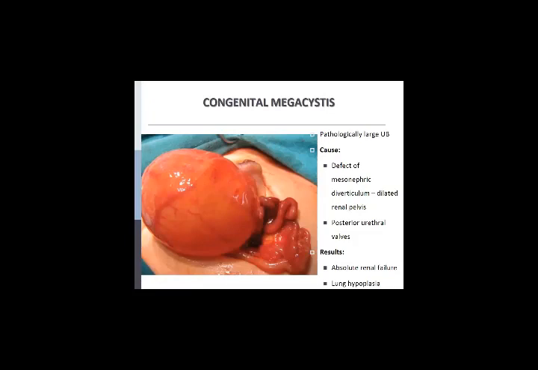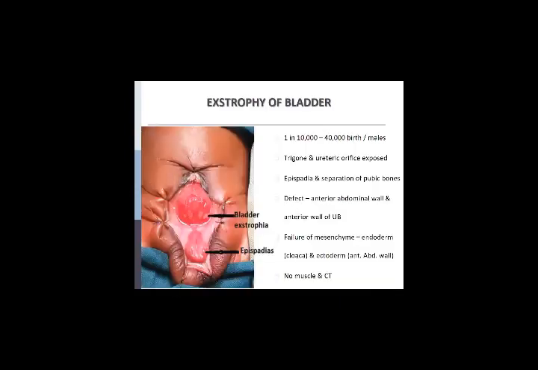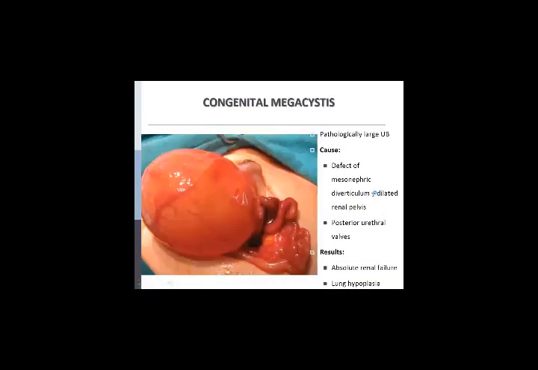And of course, there are posterior urethral valves associated with it. As a result, because of this maldevelopment of the kidney, pelvis of the kidney, and massively dilated urinary bladder, this results in renal failure and hypoplasia of the lungs. So survival becomes very difficult in this case.